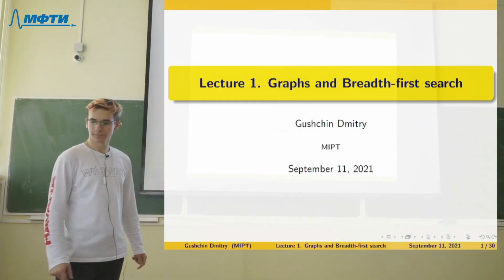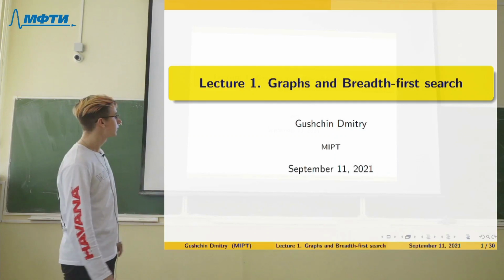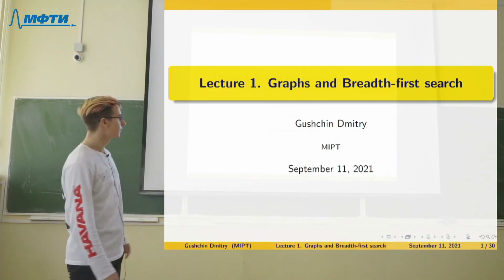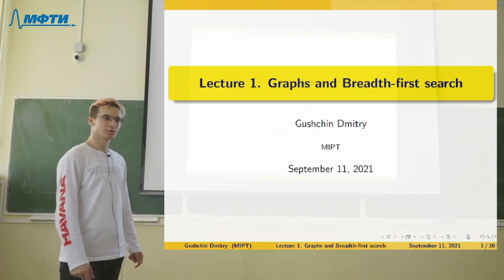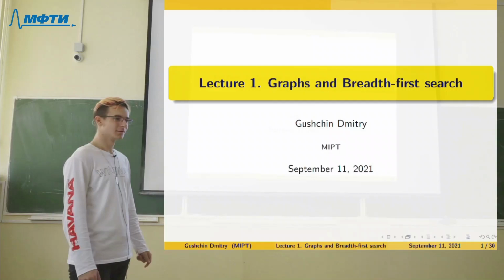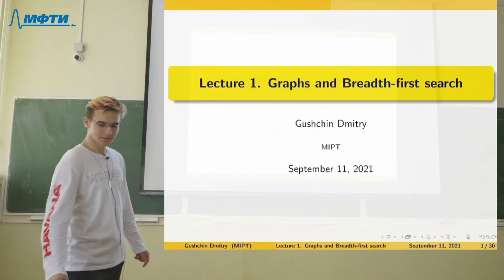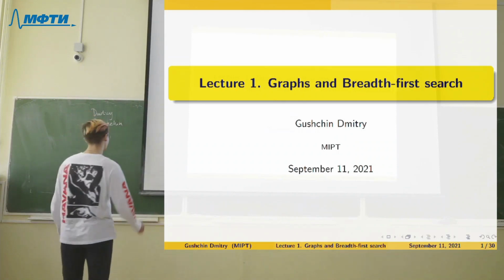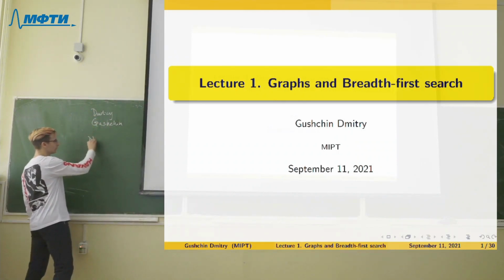So, lecture 1: graphs and breadth first search. Firstly, I will ask you what you know about graphs. Do you know anything? What? As I know, you know what a binary tree is.